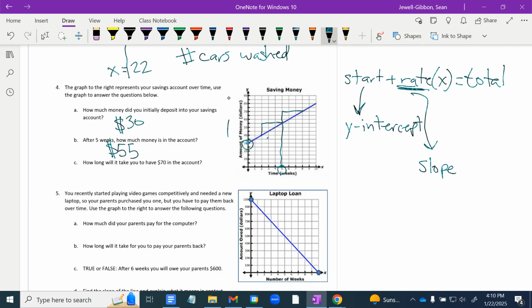So we're given an amount of money, which is on our output axis here, or our vertical or y-axis, 70 bucks. Okay, so 70 bucks in the account. That happens at, let's go over here, and we'll follow this thing down, 8 weeks. So it takes 8 weeks to get 70 bucks in that account.